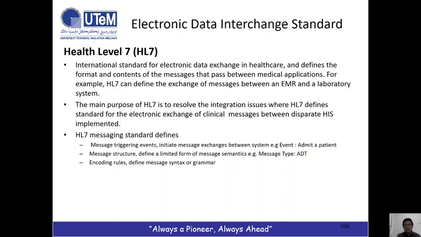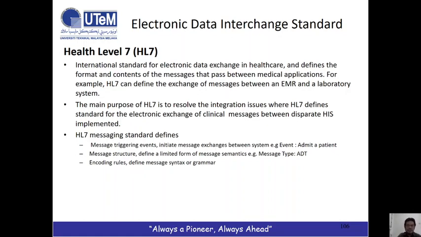To resolve this variety of information or services within the hospital or between hospitals, HL7 came aboard. HL7 resolves this problem by defining the standard format and content of the messages passing from one service to another.